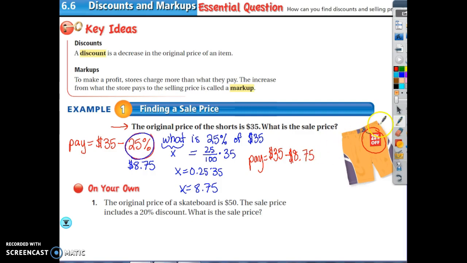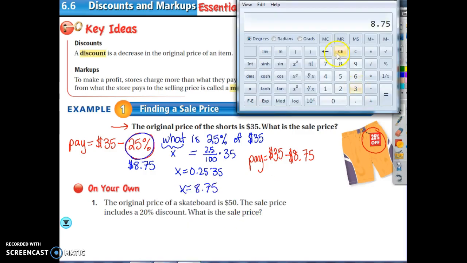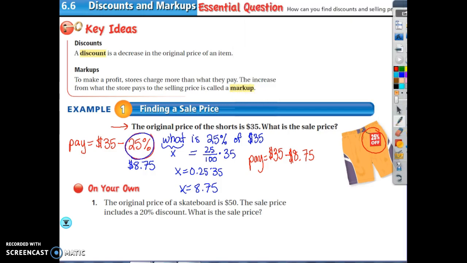Again, we can use a calculator to help us with the subtraction, or you're welcome to do it by hand. I've got $35. I'm subtracting $8.75, so 8.75, and I get a total of $26.25. So my final answer is that the shorts cost $26.25.